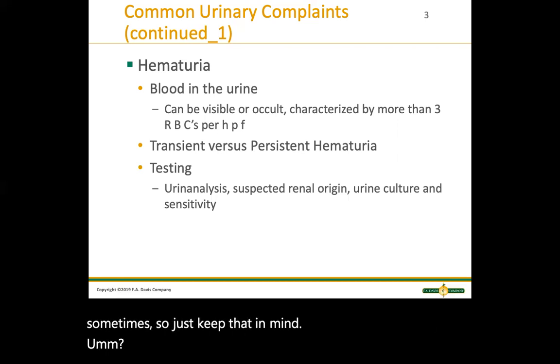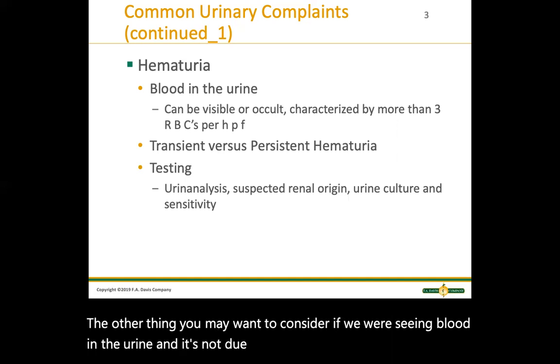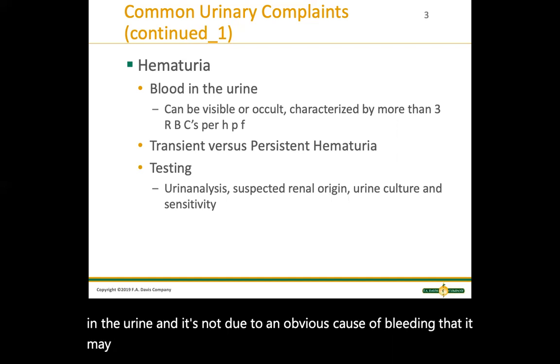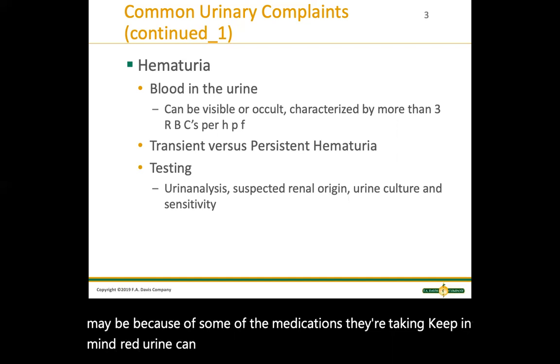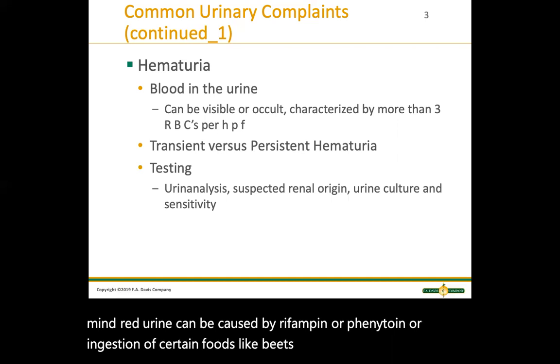The other thing you may want to consider, if we're seeing blood in the urine and it's not due to an obvious cause of bleeding that you can pinpoint, is that it may be because of some of the medications they're taking. Keep in mind, red urine can be caused by rifampin or phenytoin, or ingestion of certain foods like beets, rhubarb, senna, and food dyes. Those are things to consider too.